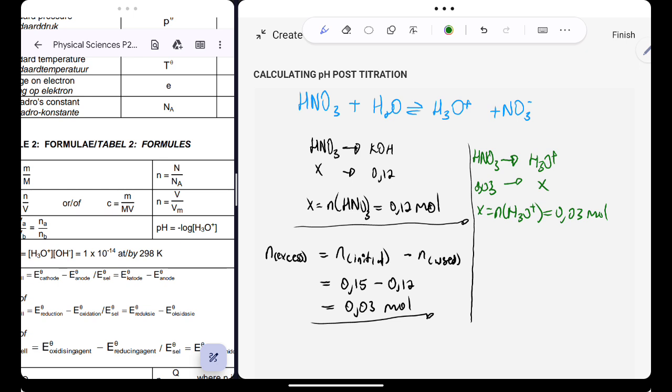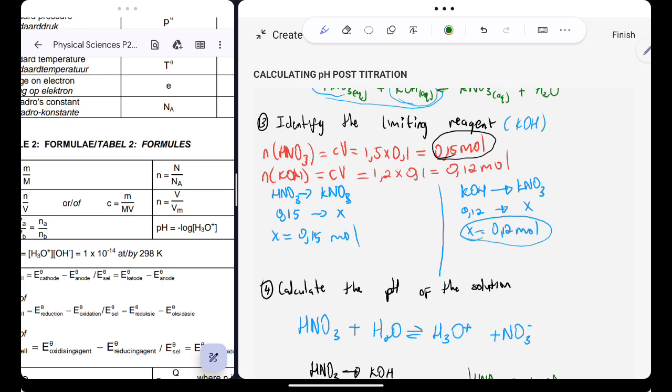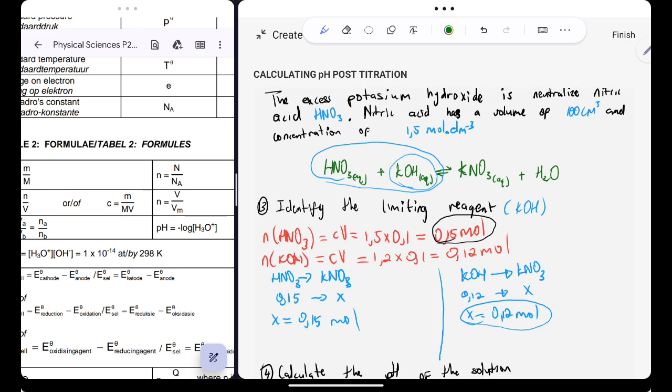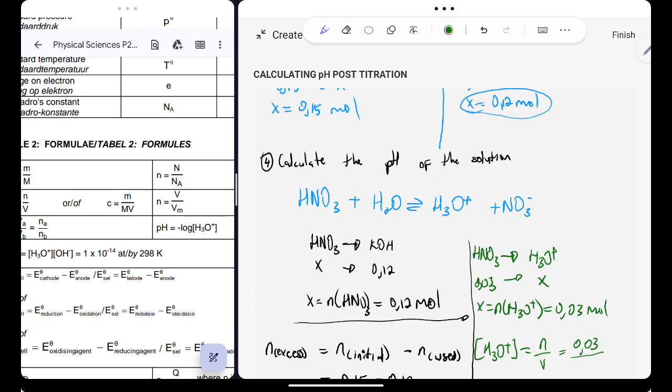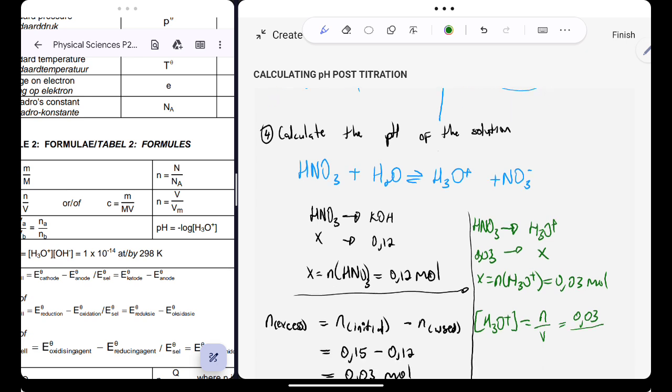So now I do know the number of moles of my ions. I just need to find the concentration of my hydronium ion. It's H3O plus is equal to N over V. So it's 0.03. Remember that, guys, the total volume, I've taken the 100 cubic centimeters that was left in the previous reaction plus the 100 cubic centimeters of the acid.